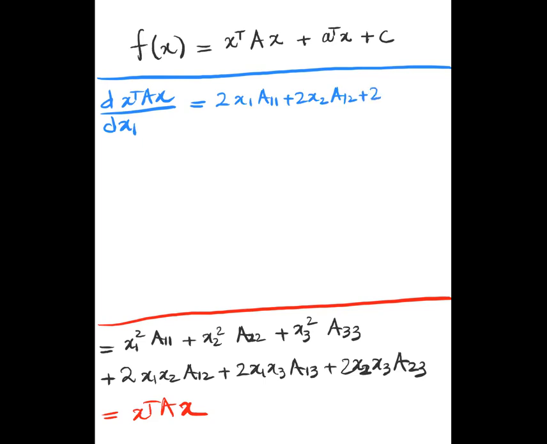Let me write it in a more compact way: 2 a11 x1 plus 2 a12 x2 plus 2 a13 x3.